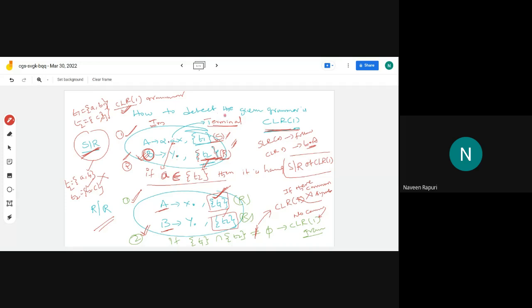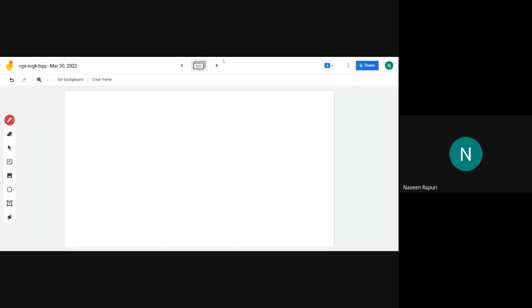So we'll see some examples of how to check whether the given grammar is a CLR1 grammar or not. For example, S derives A, S derives small a, A derives small a. For the given grammar, first we need to write the augmented grammar.